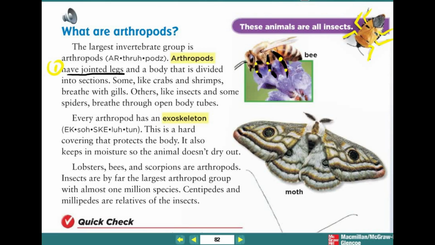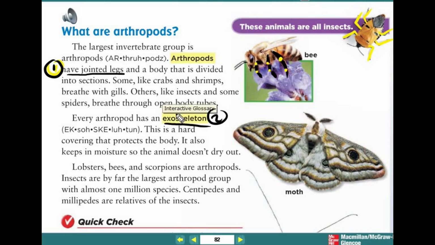The second thing is the exoskeleton. The exoskeleton is something that covers the arthropods from outside. This hard outer cover covers all of the arthropods and protects their body from outside. If you remember, we took endoskeleton before.